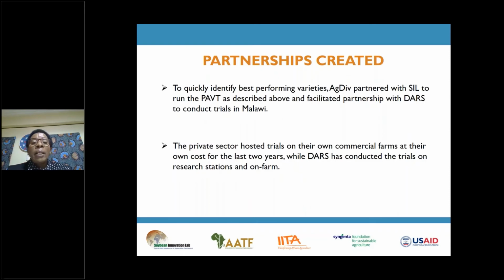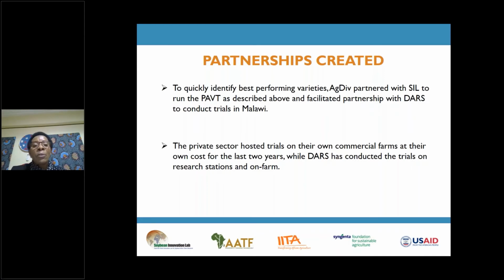So to quickly identify the good varieties, AgDiv partnered with SIL to tap into their technical capacity in soybean research and technologies, which has partnered with IITA and Diers to conduct the Pan-African variety trials as described by Godfree, Brian, and Florence.